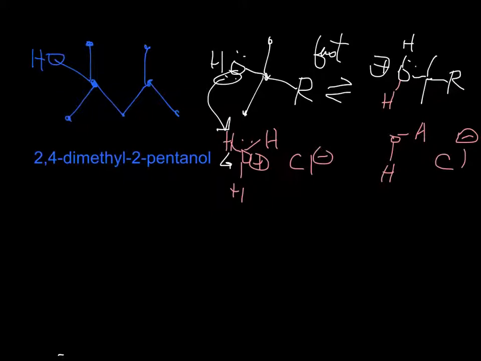The second step, which I'll put in a different color, is the formation of the carbocation, and it is the rate limiting step.